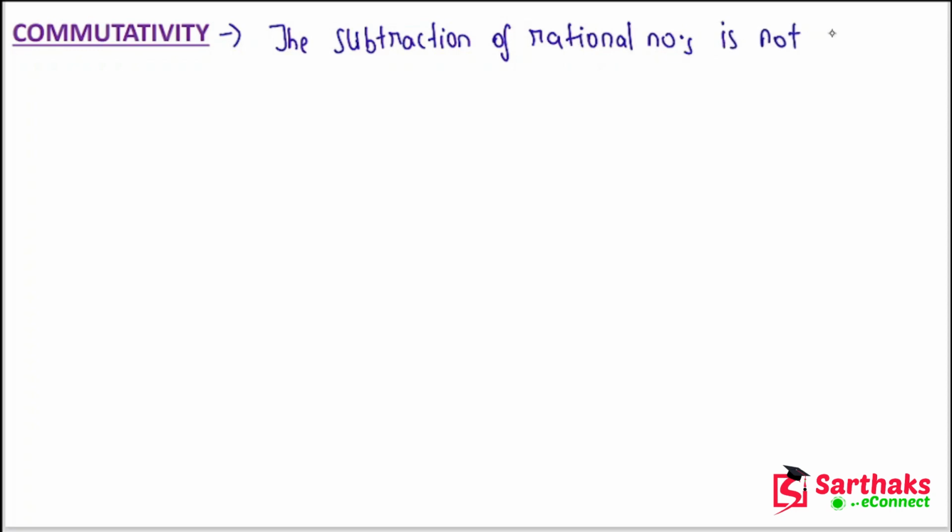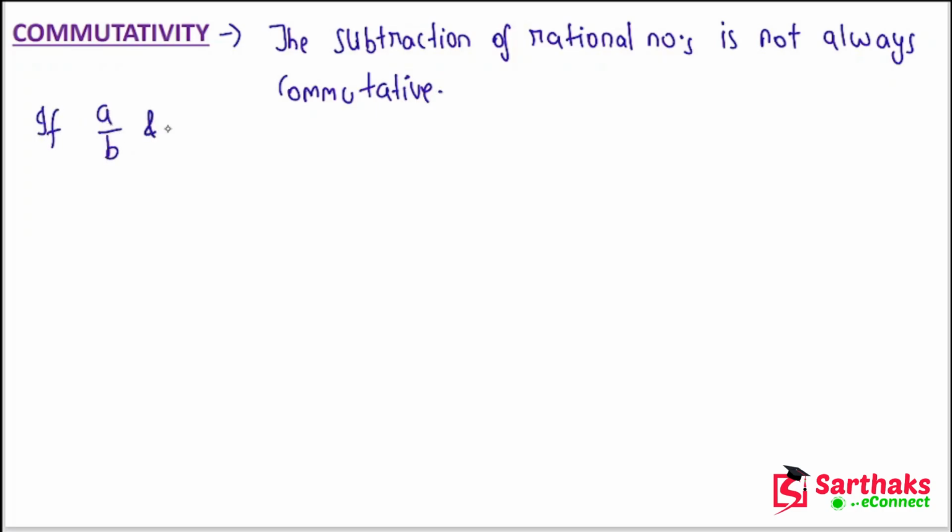This property simply states that the subtraction of rational numbers is not always commutative.